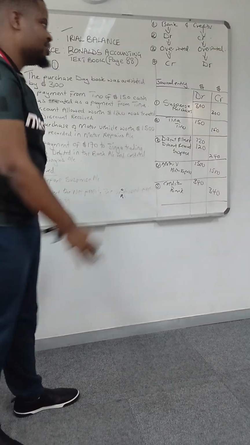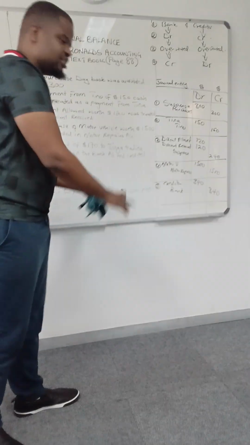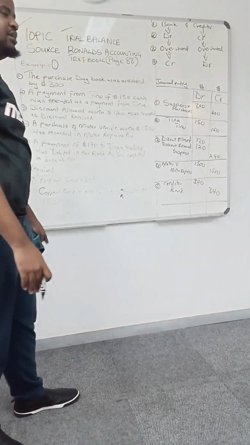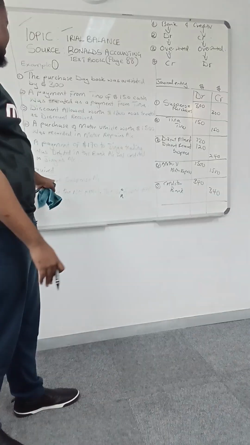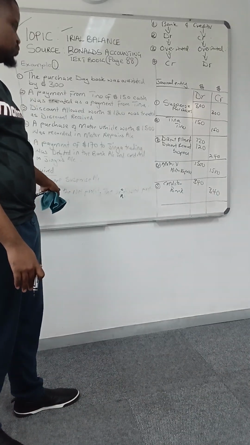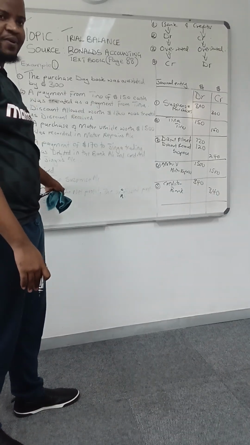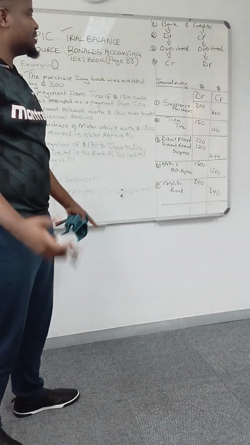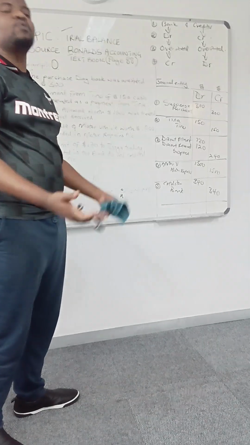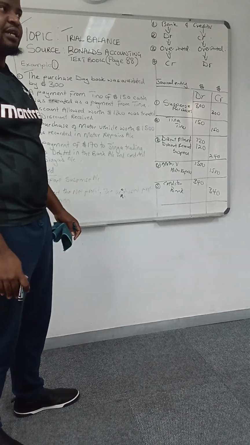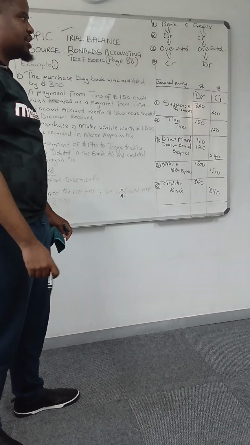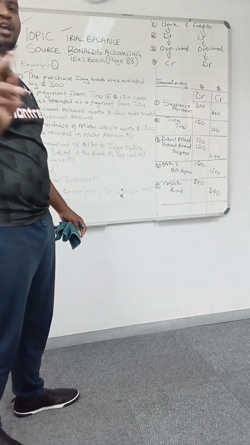But remember, this journal entry is not part of our requirement. We were just doing this for us to be able to score all the marks from the suspense account. Yes, you might say, oh, the process is long. That's accounting. That's why you see that in paper 1 you need to double your effort.